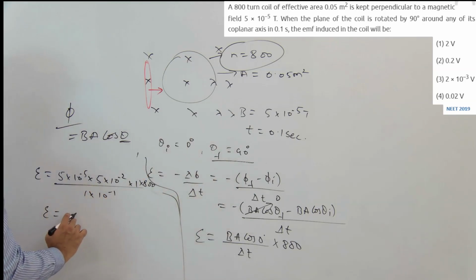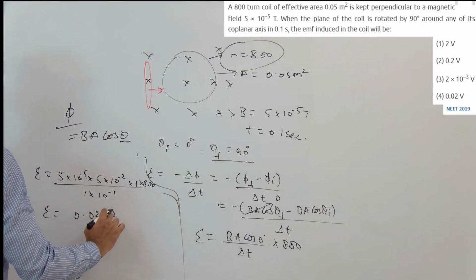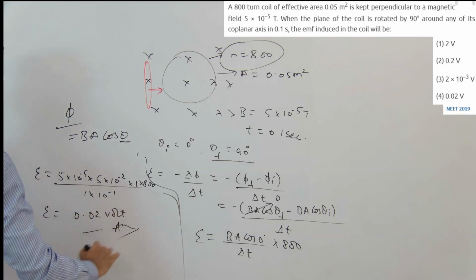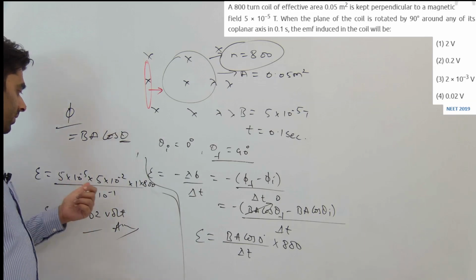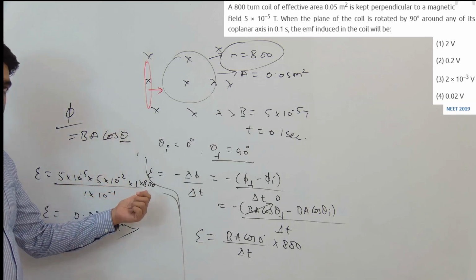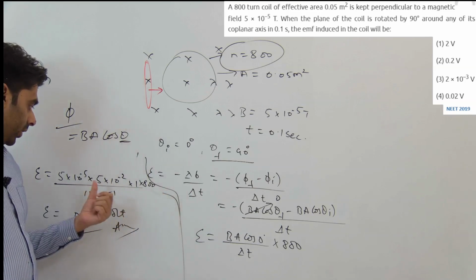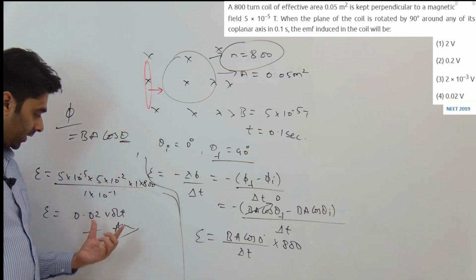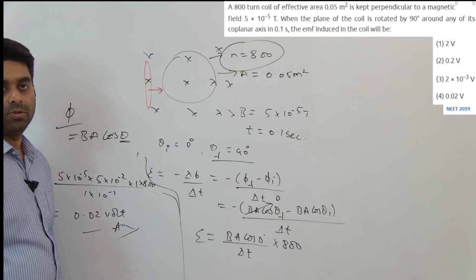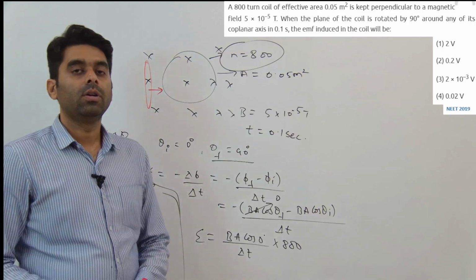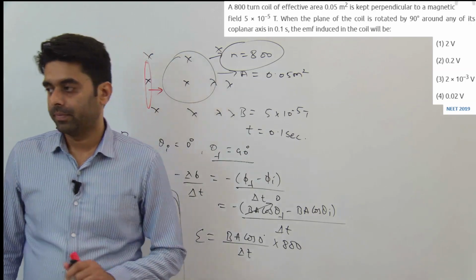When we solve it, this will come out to be 0.02 volt, right? This is 5 into 5, 25, 25 into 8, 200. So 2 into 10 power 4, and this will be 2 into 10 power minus 7. Finally, when you solve it, you will get 0.02 volt, which is option number 4. Fourth option is the correct answer.